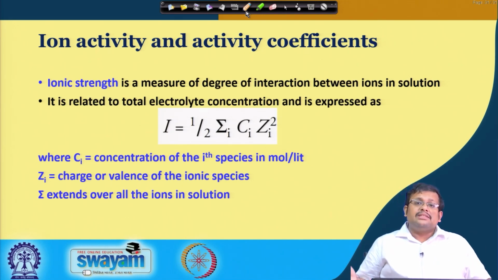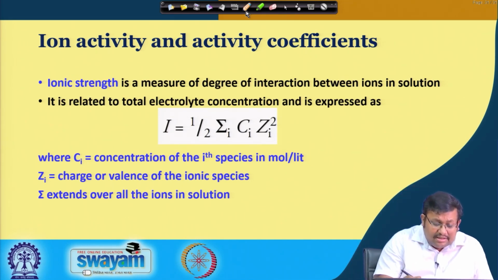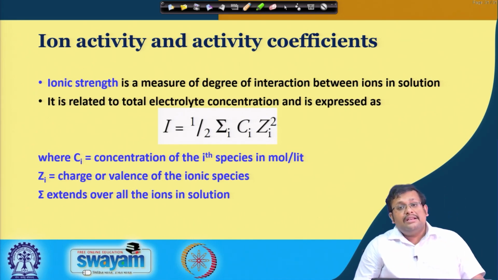So, whatever ions are present, we can sum their respective concentrations multiplied by their charge or valence squared, and then we can get the total ionic strength.